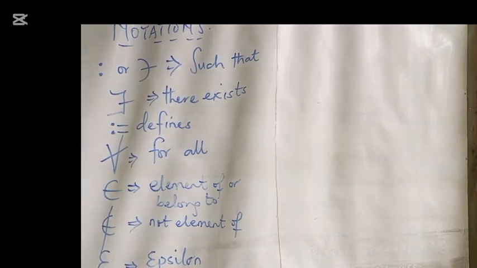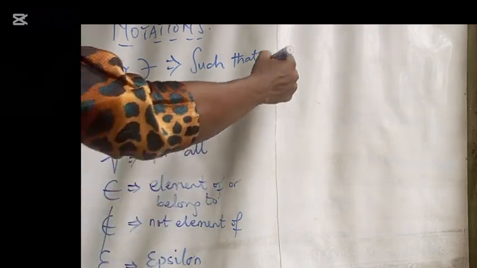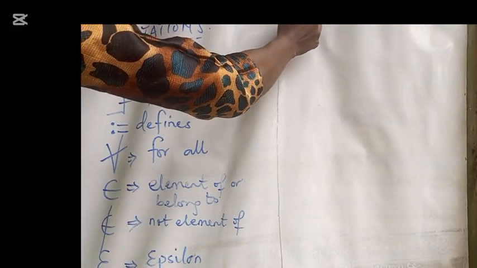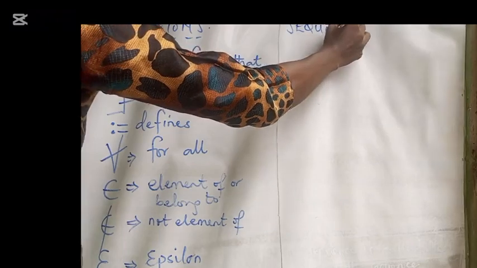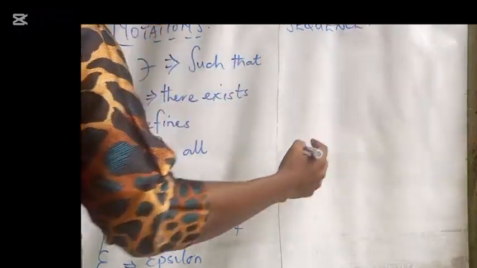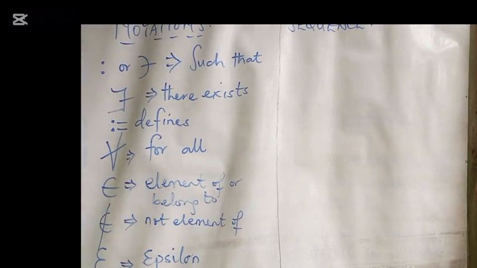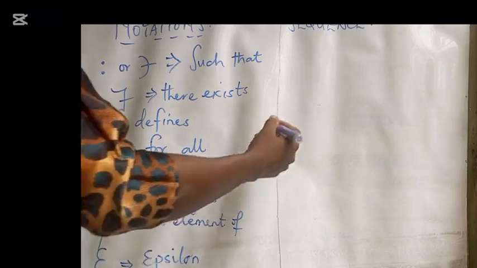We will begin by giving a definition to what we call a sequence. You will remember from our elementary maths that when we are talking about a sequence, we say that what?